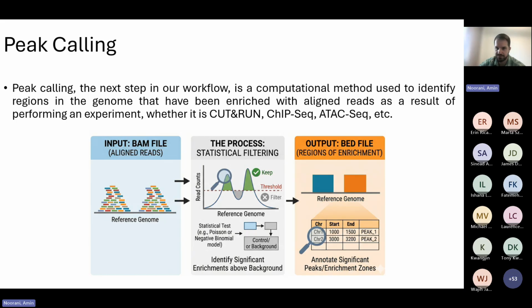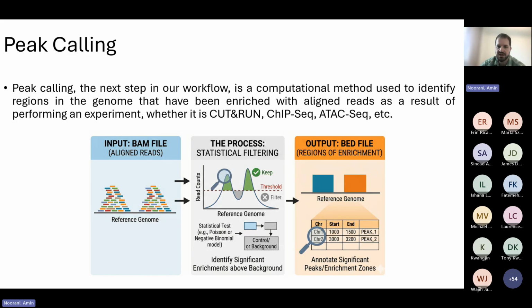And BED helps us make it simpler, so we don't need to deal with the BAM file when we want to check where in the genome we have a binding site, for example. This is also typical for all ChIP-seq, ATAC, and all these assays.